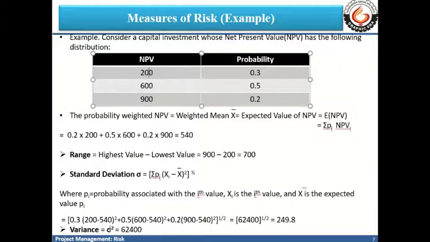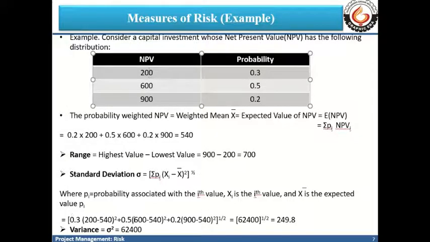We square each difference and multiply by the corresponding probability: 200 minus 540 whole square, multiplied by 0.3, plus the difference between 600 and 540, squared and multiplied by 0.5, and the same with the third NPV value, 900: 900 minus 540 whole square, multiplied by the corresponding probability of 0.2, and then take the square root.